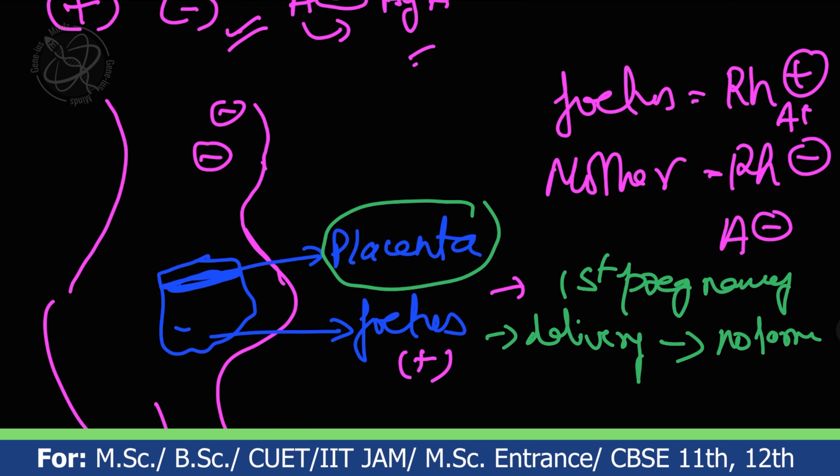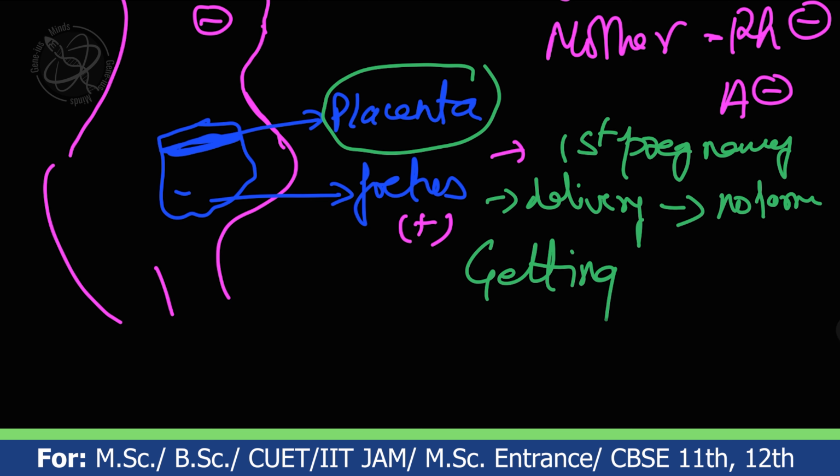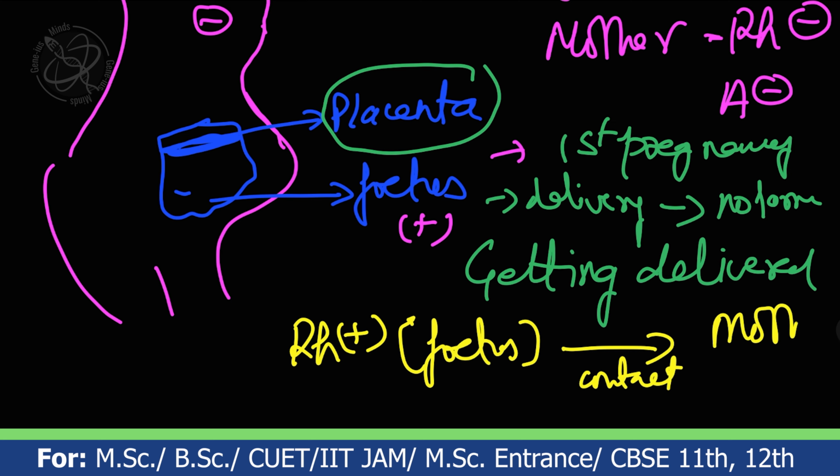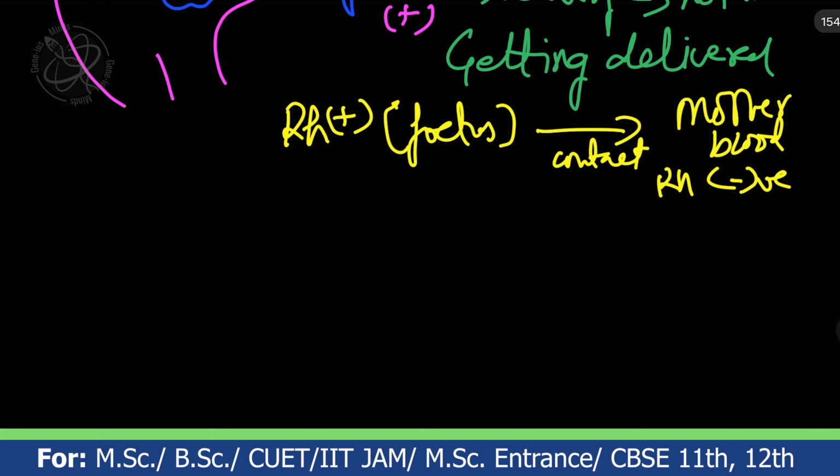But what happens when the fetus is getting delivered? Through the placental route or during the delivery process, this RH positive blood of the fetus comes in contact with the mother's blood, which is RH negative. So now what will happen?